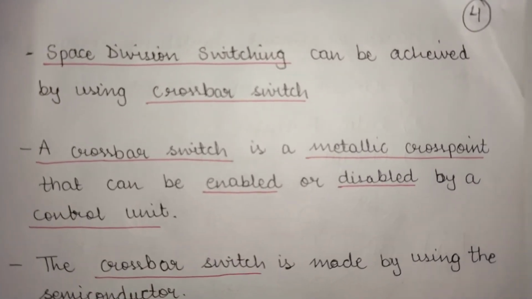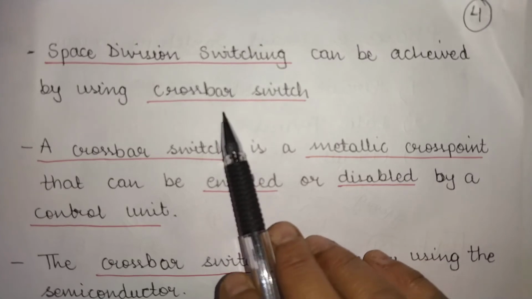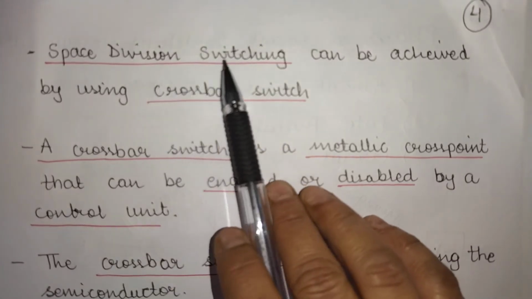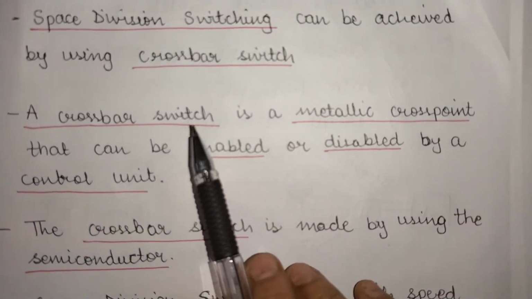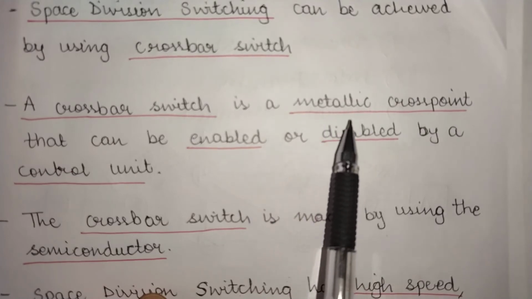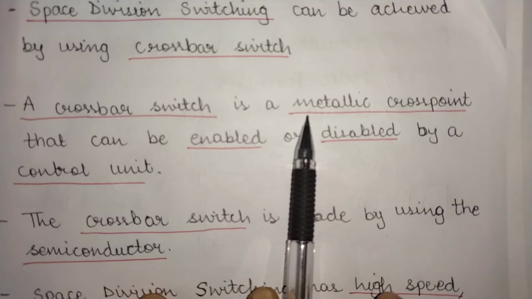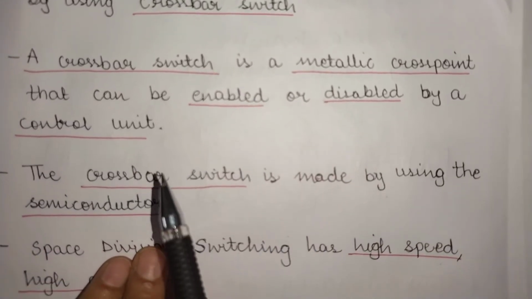Space division switching can be achieved by using a technology known as crossbar switch. What is a crossbar switch? A crossbar switch is basically a metallic cross point. It also consists of cross points, but these are metallic cross points which can be enabled or disabled by a control unit.